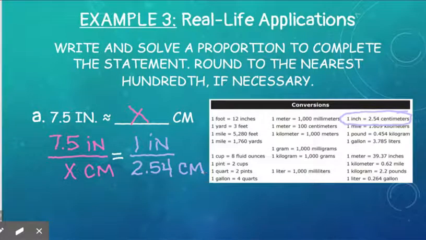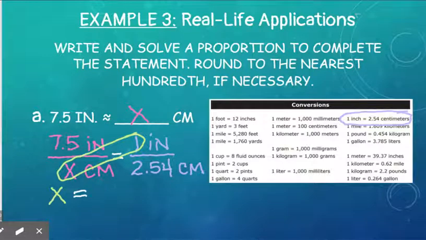And now I've got a proportion which has a variable, so I can solve. So let's use cross products in order to solve this. Let's first take x times 1, which is going to just give us x, and set that equal to the product of 7.5 times 2.54.